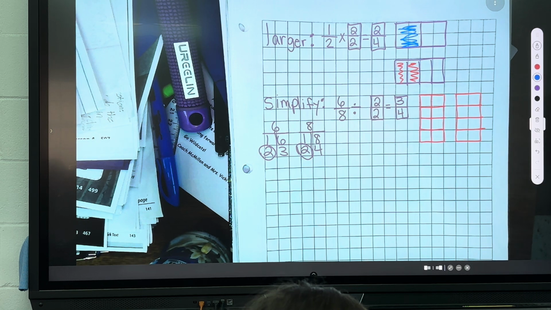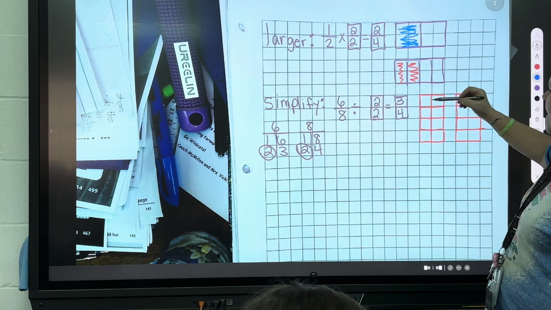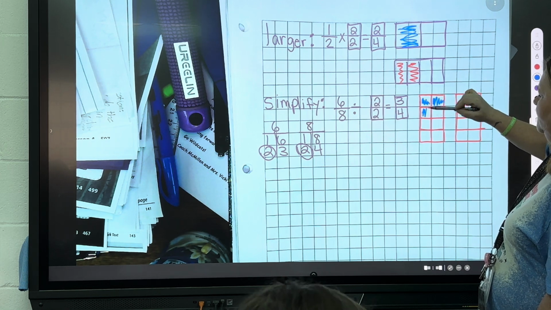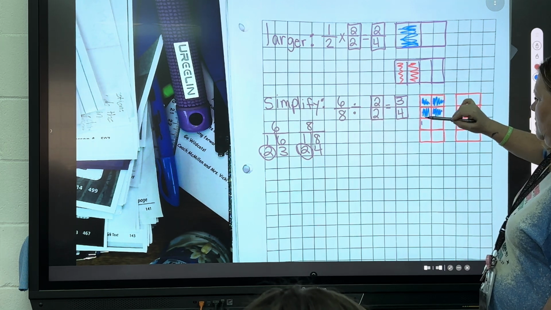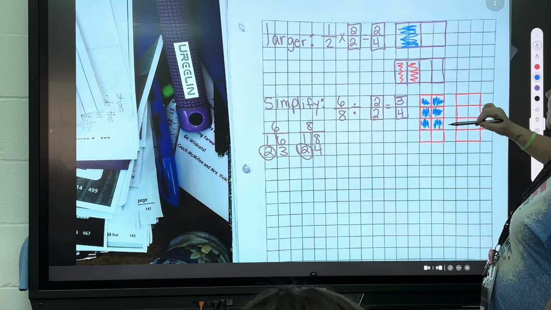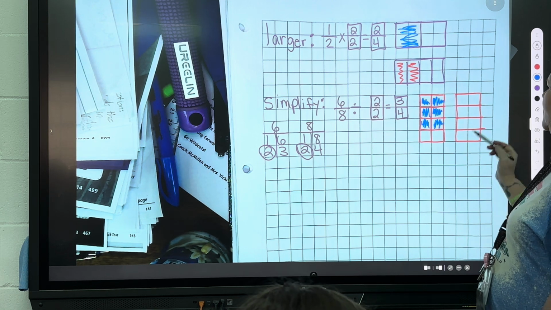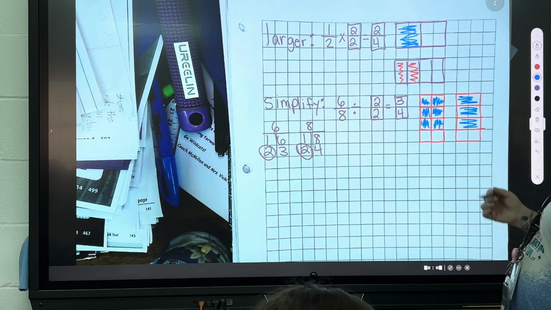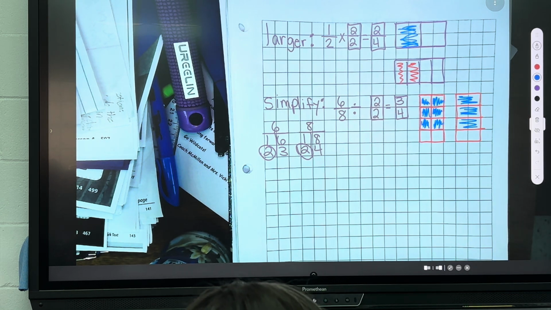Okay. So, looking at this, the first one should have 6 out of 8 pieces shaded in. To show that it's equivalent, we're going to shade in 3 fourths. Do you see that they are the same equal area? Yes, ma'am. Yes, very good.